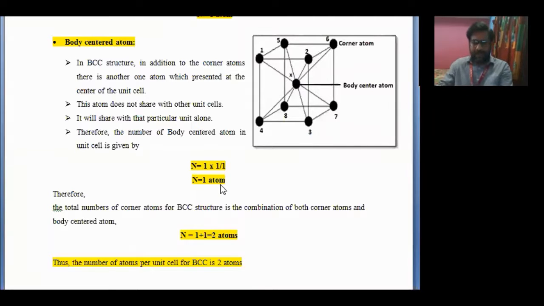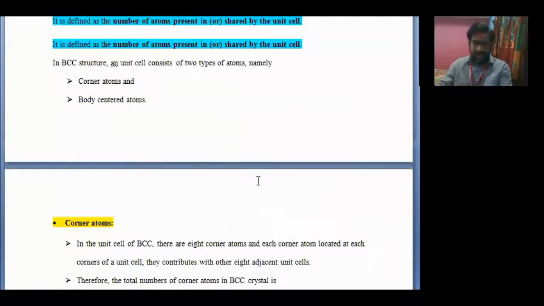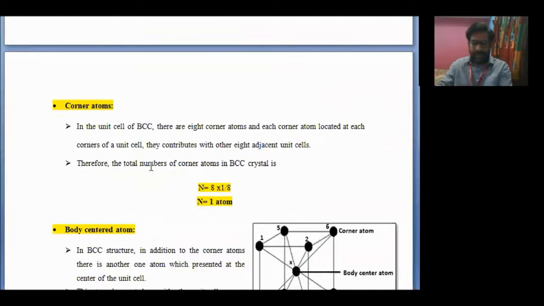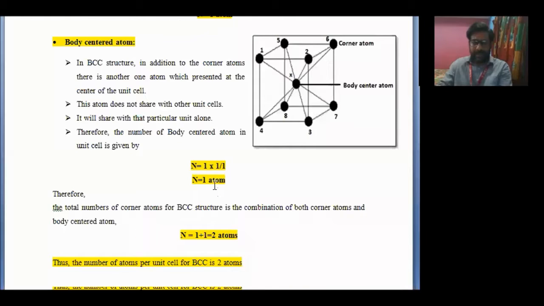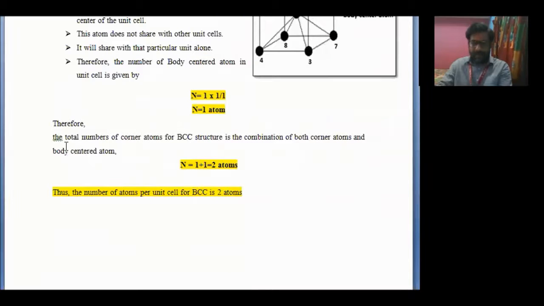To find the number of atoms per unit cell for a BCC structure, we measured the value of n for the corner atom, that is 1. Also, we measured the value of n for a body-centered atom, that's also 1. Therefore, the total number of atoms for BCC structure is the combination of both corner atoms and body-centered atom.